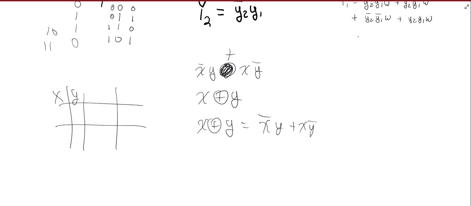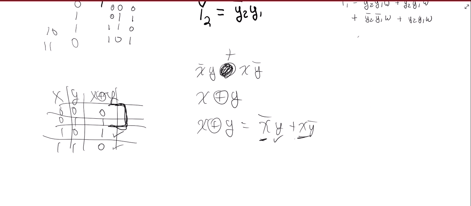If I have x, y: 0, 0, 0, 1, 1, 0, 1, 1, and then I look at the exclusive OR, it means that one of them is 1, but not both. So I have a 1 here and a 1 here, a 0 here and a 0 here. This is the same as saying that either x is 0 and y is 1, or x is 1 and y is 0. So that's an exclusive OR.